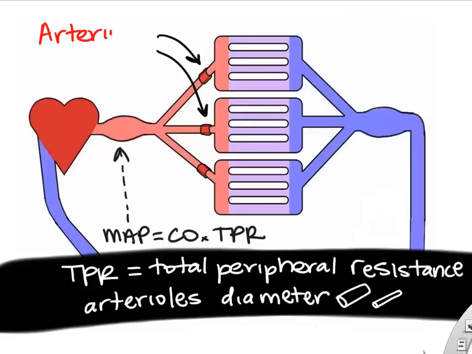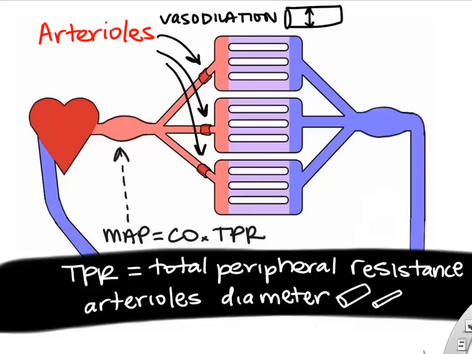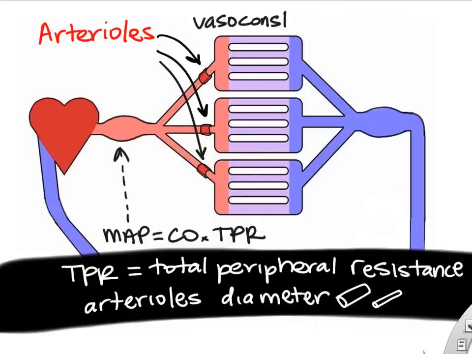Now let's look at this total peripheral resistance. It simply refers to the resistance of all the millions of arterioles in your body. So remember, the arterioles determine the resistance in our circulation. So if we have vasodilation, that will open up all those little arterioles and decrease our total peripheral resistance. The blood flows out of our arteries, so we decrease blood pressure.